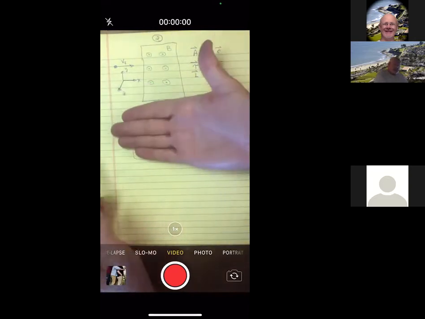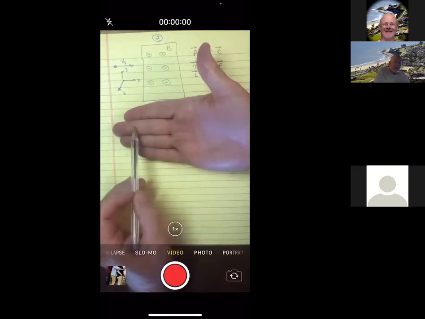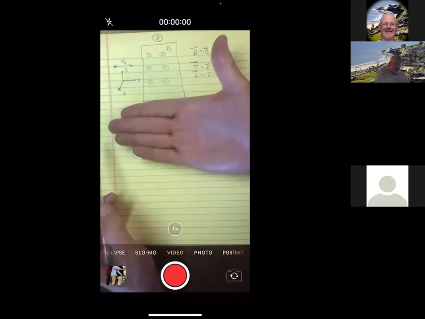If you remember that rule, it goes something like this. You take your right hand, and the first thing you do is put your fingers in the direction of the first vector that's listed.